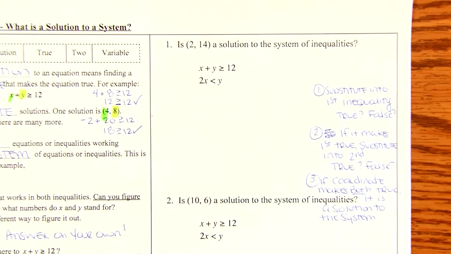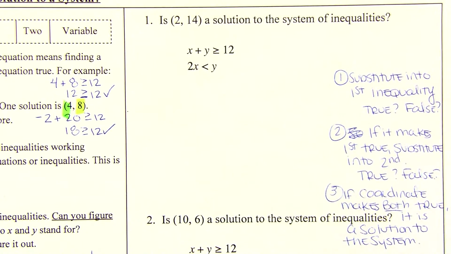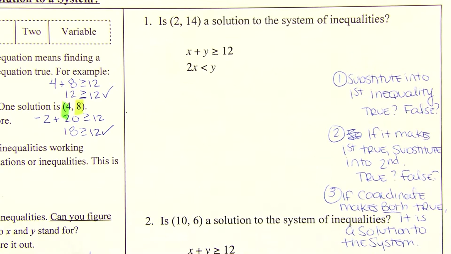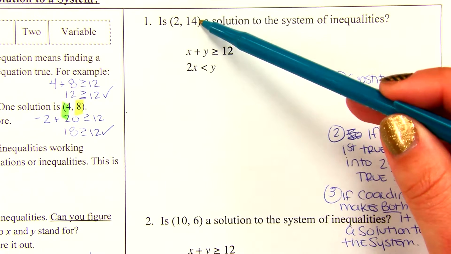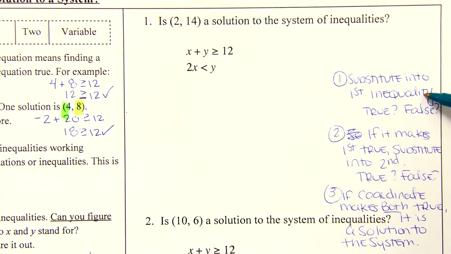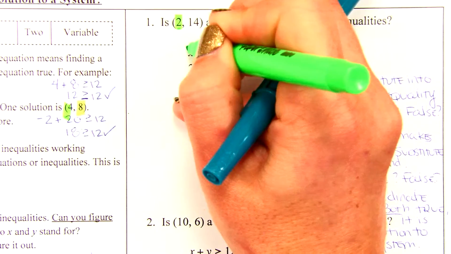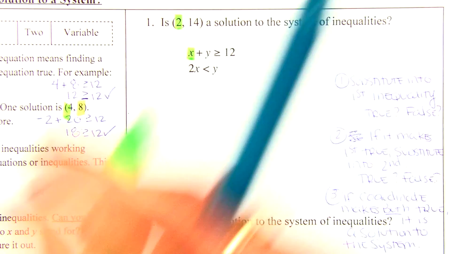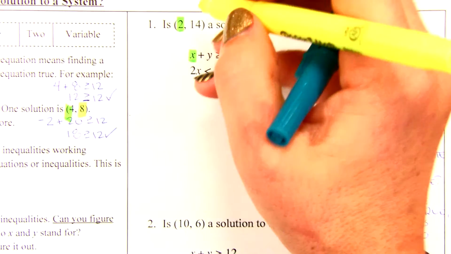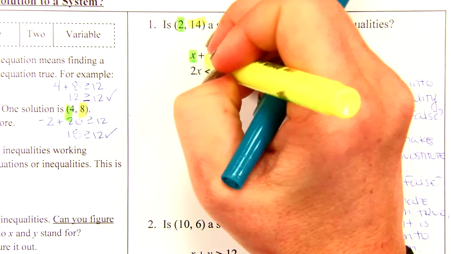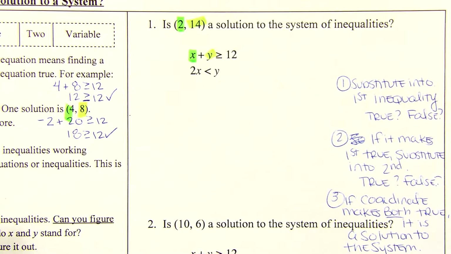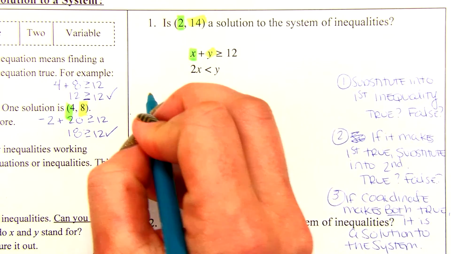So is 2, 14 a solution to the system of inequalities? And so what we're going to do is we're going to first substitute the coordinate into the first inequality. So again, I'm going to substitute 2 in for x, and then I'm going to substitute 14 in for y, and see if it makes it true or false.